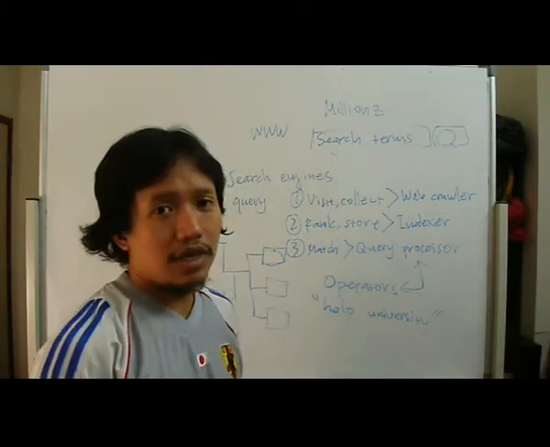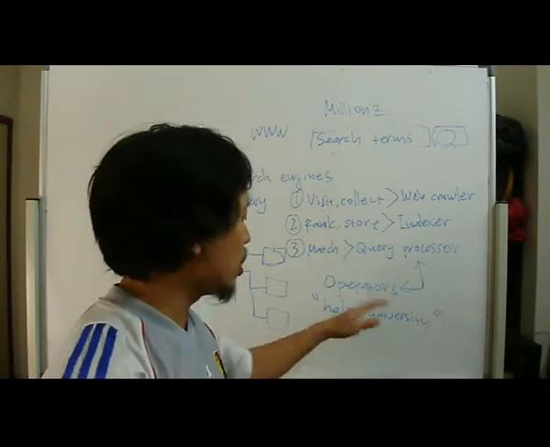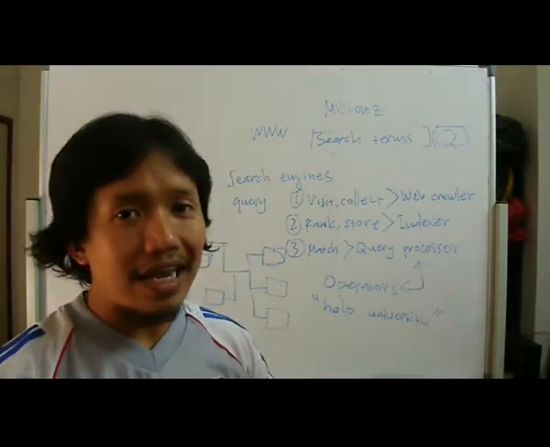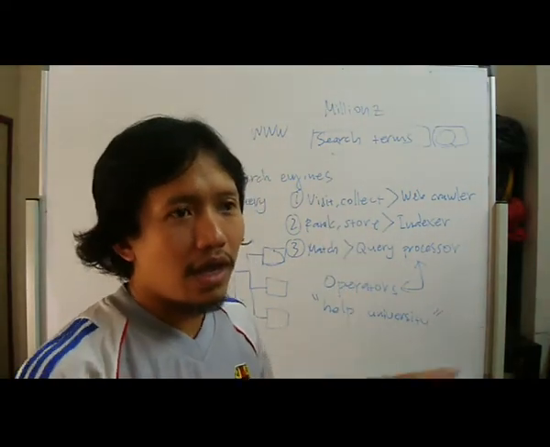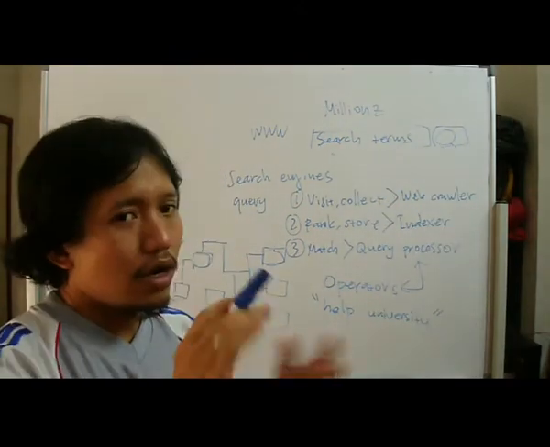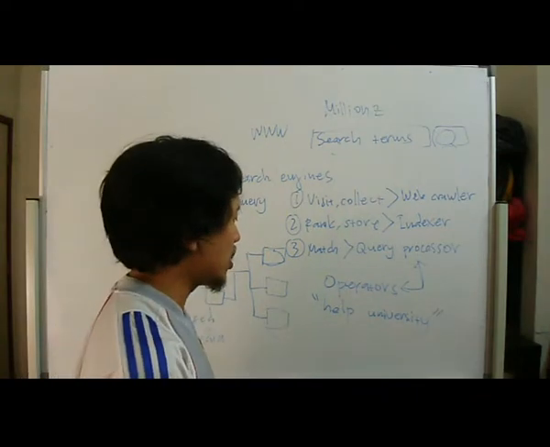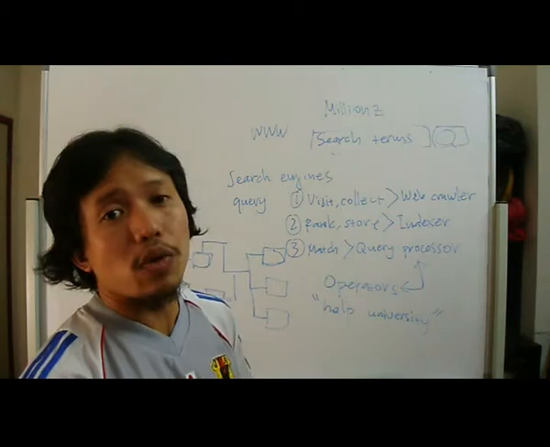So you can do something like this. Quotation marks, that is called one kind of search operator. When you do this, your search result will only contain the phrase or term Help University exactly the way you put it, right? Help University with one space in the middle, no less, no more. You can specify further. For example, you can say, I only want to look at degree programs, right?